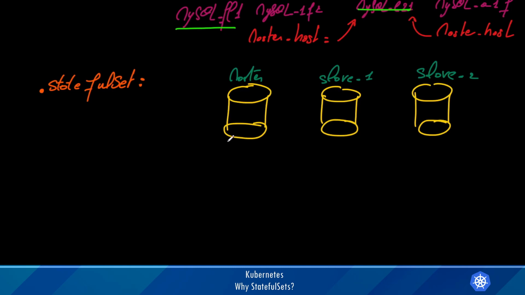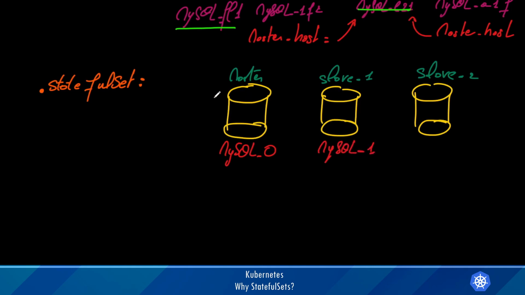And the StatefulSet here will assign a name to each pod where those instances are running, and the name of each pod will be the name of the stateful set, for example MySQL, combined with an index given to each pod starting from 0. So for the first one we have mysql-0, and for the second one we have mysql-1.